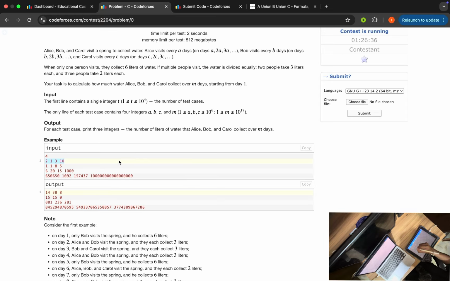1, 2, 3. Okay. There are 6 elements distributed equally. 1, 2, 3, 4, 5, 6, 7, 8, 9, 10.